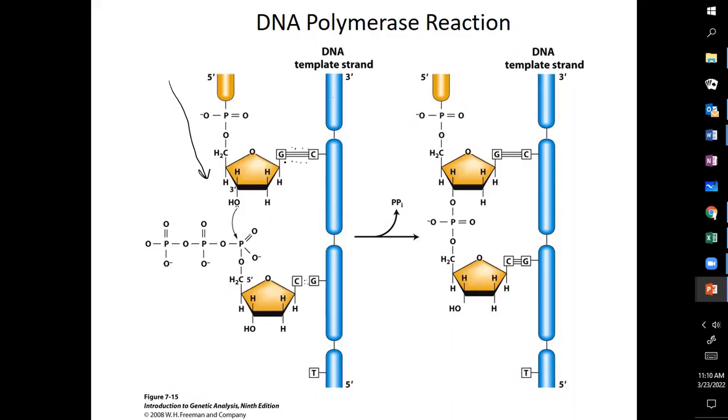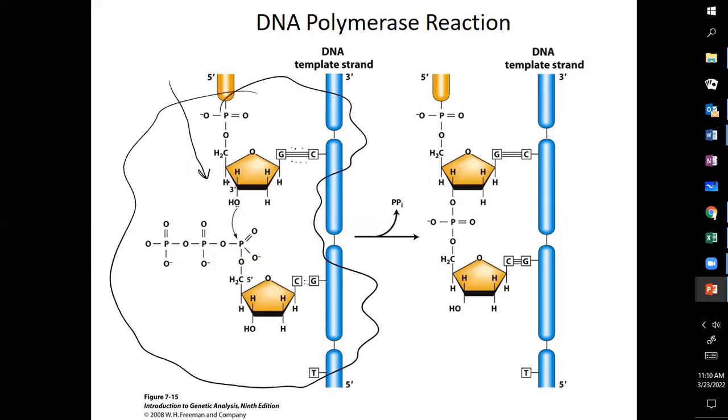So here comes the last nucleotide in the strand, a G, and here's the structure. Here's the 3' OH. This is the magic. You have to visualize DNA polymerase in here, or whatever polymerase we're talking about.